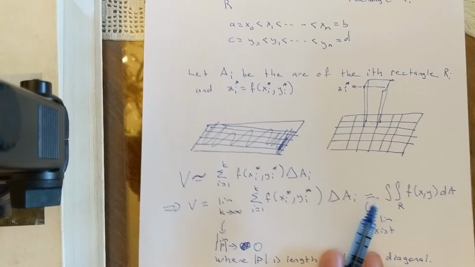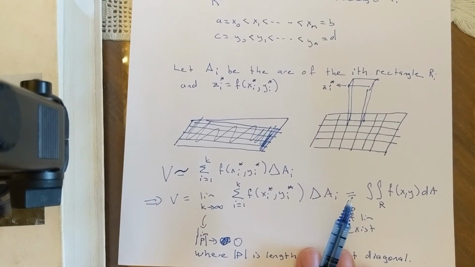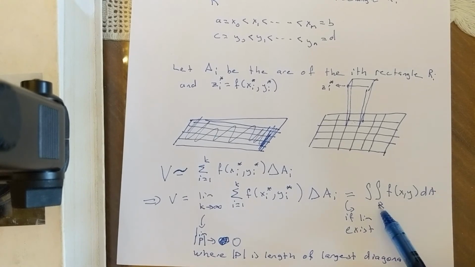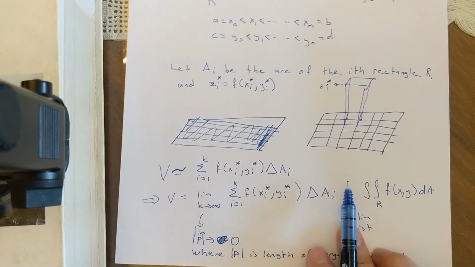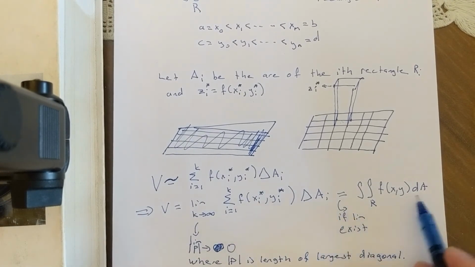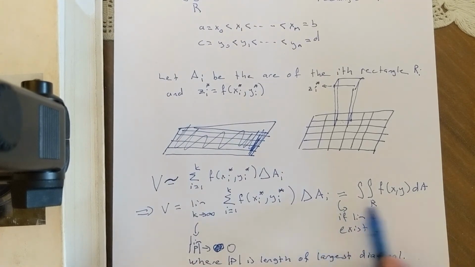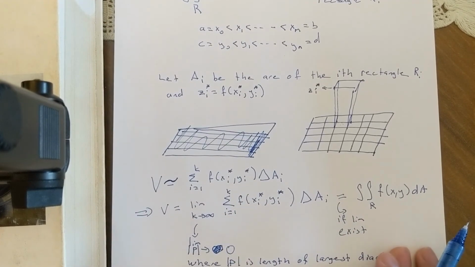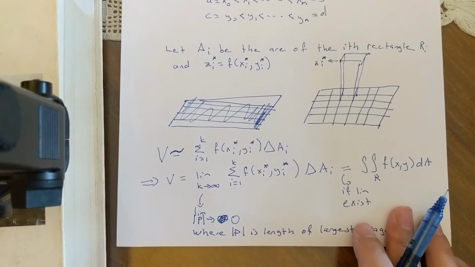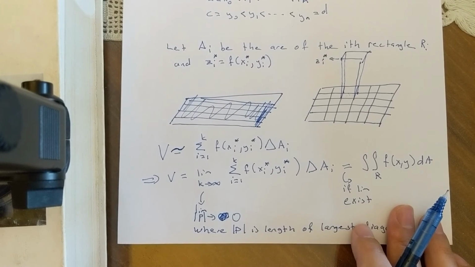If the limit exists, we're going to call this the integral of the function over the region R. Here, this dA corresponds to this delta A, so this is the infinitesimal area. I would expect it to give me the volume, if the limit exists.